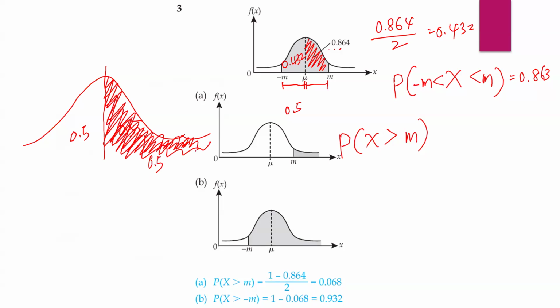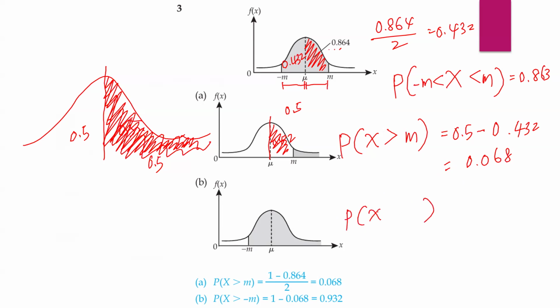So here I'm using 0.5 minus 0.432. So I get this one, 0.068.